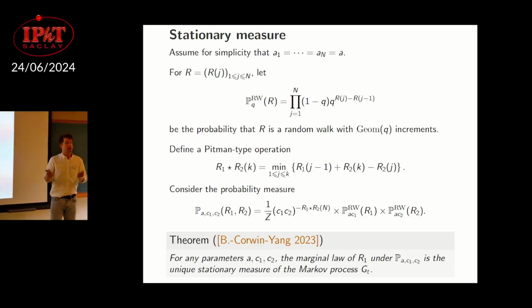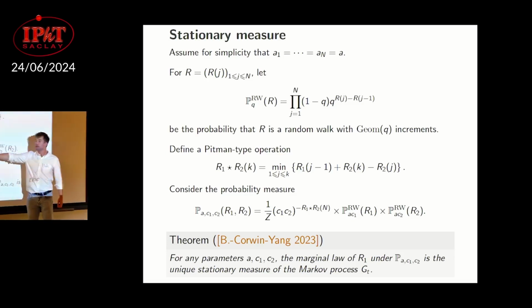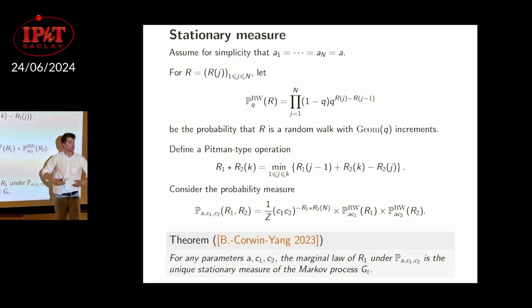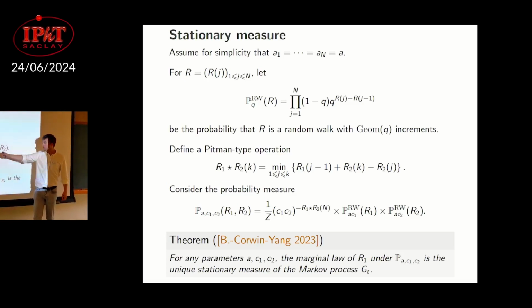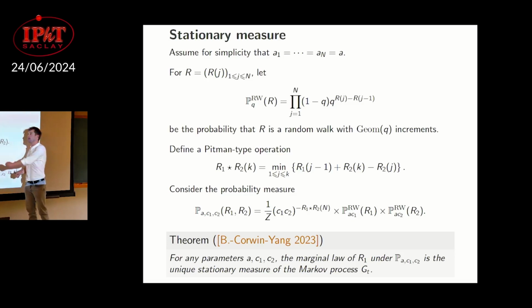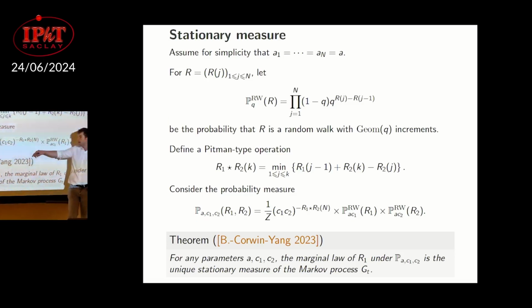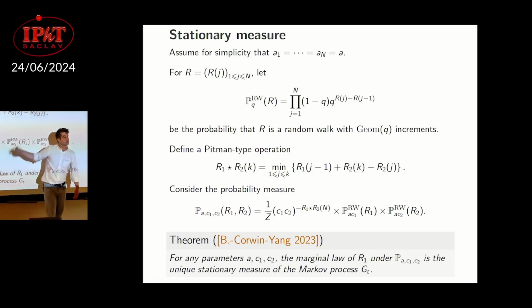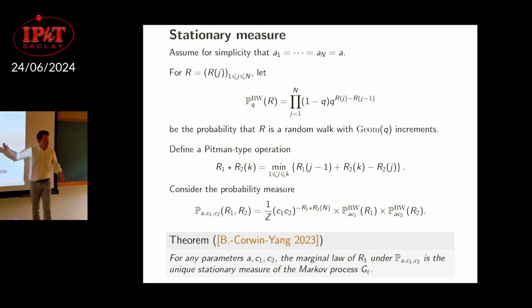These two are correlated. So I first take the probability for R1 to be a geometric random walk with some parameter depending on C1. I take the probability for R2 to be a geometric random walk with a parameter related to C2. And then those probabilities, I multiply them by some factor, C1, C2 to the power R1 star R2, this operation at the endpoint. And then, of course, to make that a probability measure, I need to renormalize.